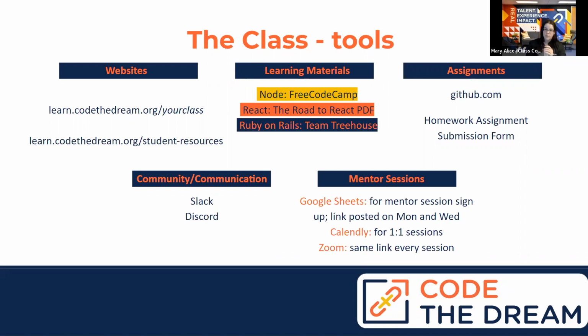So you'll be reading through the book, coding alongside it. I think he does have some screenshots in there as well, or code snippets, so that you can code alongside. And then the Ruby on Rails class, you'll be using Team Treehouse to watch video tutorials and code alongside those video tutorials for your content.